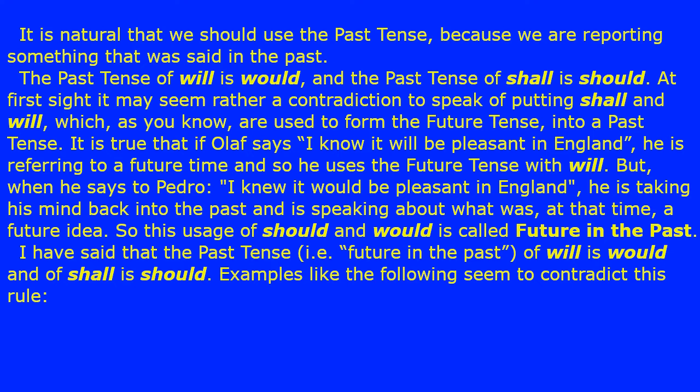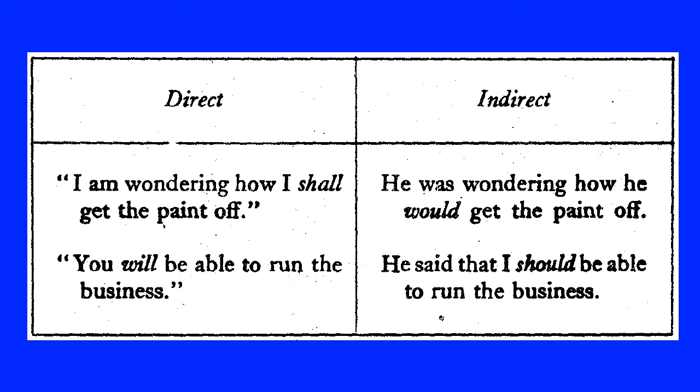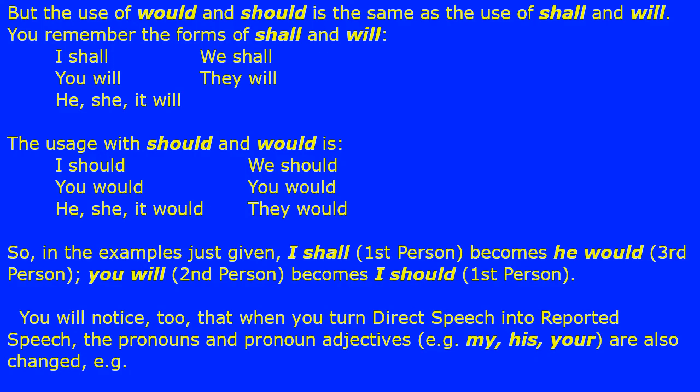Examples like the following seem to contradict this rule. Direct. Indirect. I am wondering how I shall get the paint off. He was wondering how he would get the paint off. You will be able to run the business. He said that I should be able to run the business. But the use of would and should is the same as the use of shall and will. You remember the forms of shall and will. I shall. We shall. You will.